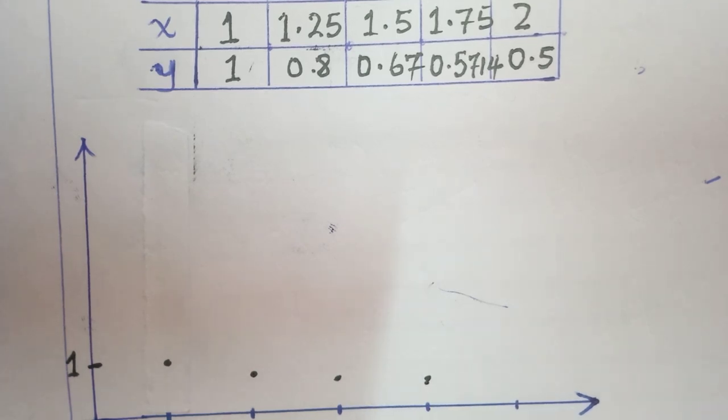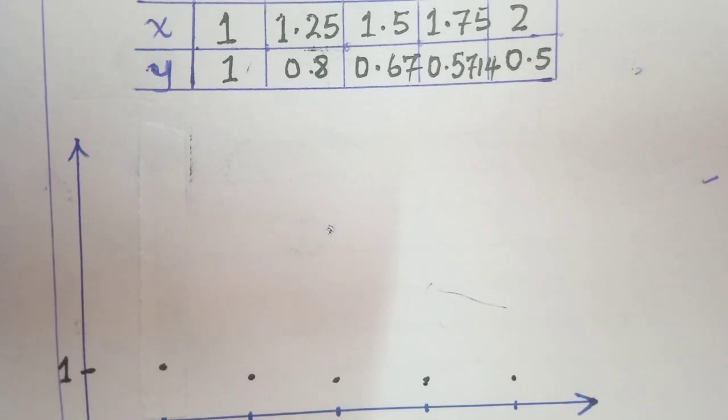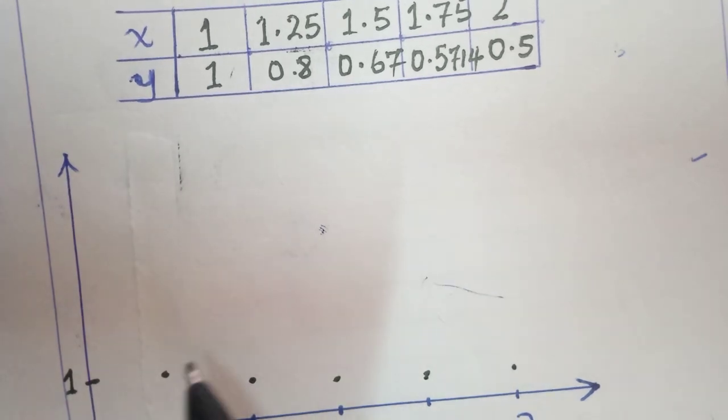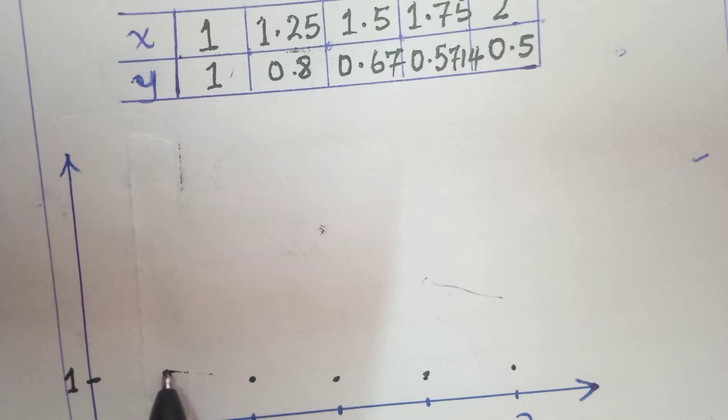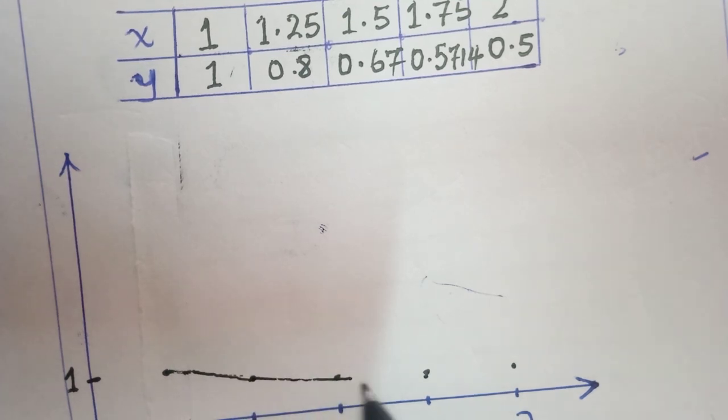And finally we have 2, which gives us 0.5. So guys, we have something like this. If we were to draw our curve, it will run from here, and remember that this is not a straight line. It's actually a curve. I can draw it like that.